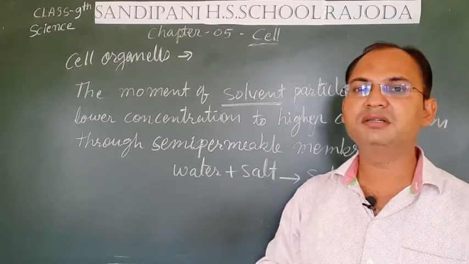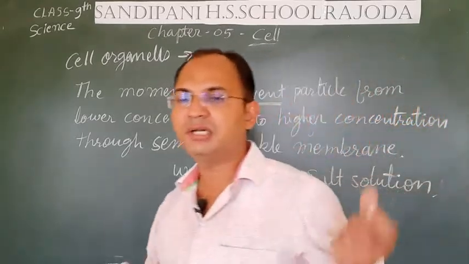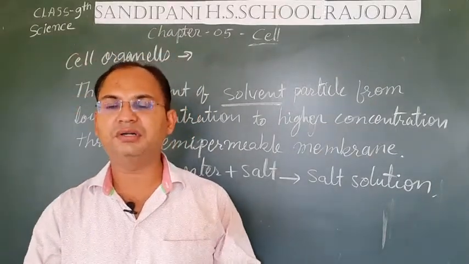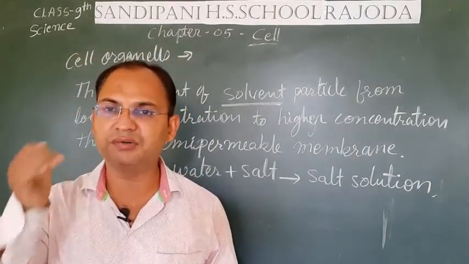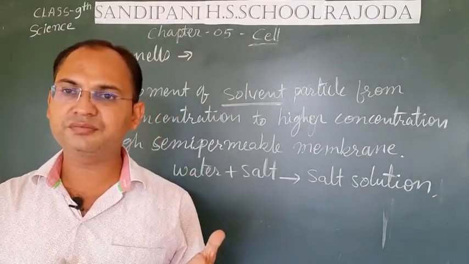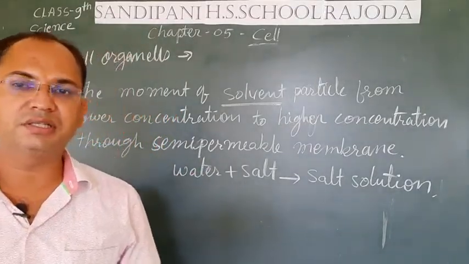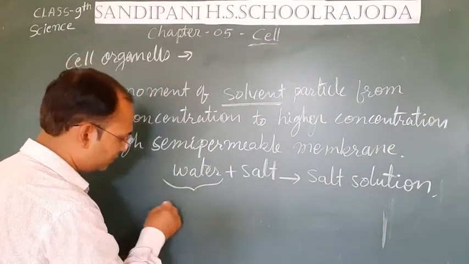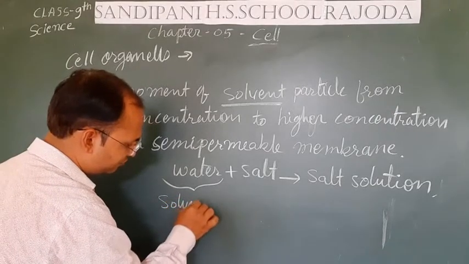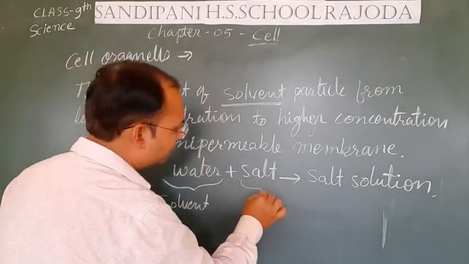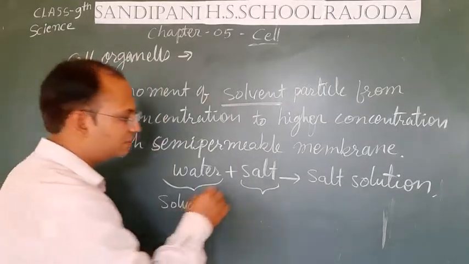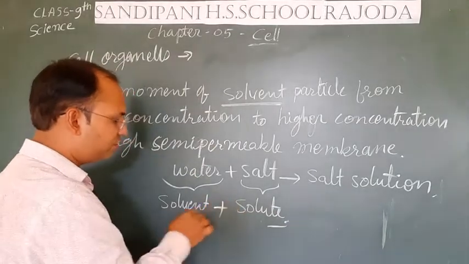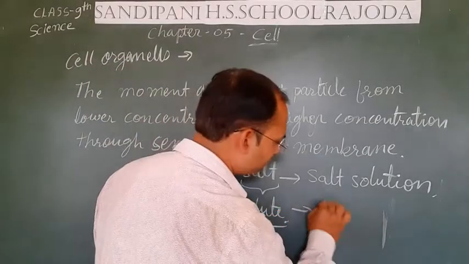We are adding a little salt to a glass of water, then we are dissolving the salt in water. Water is in large quantity and salt is in lesser quantity. So the substance which is in higher quantity is called solvent, and the other one which is in less quantity is called solute. This solvent plus solute makes a solution.